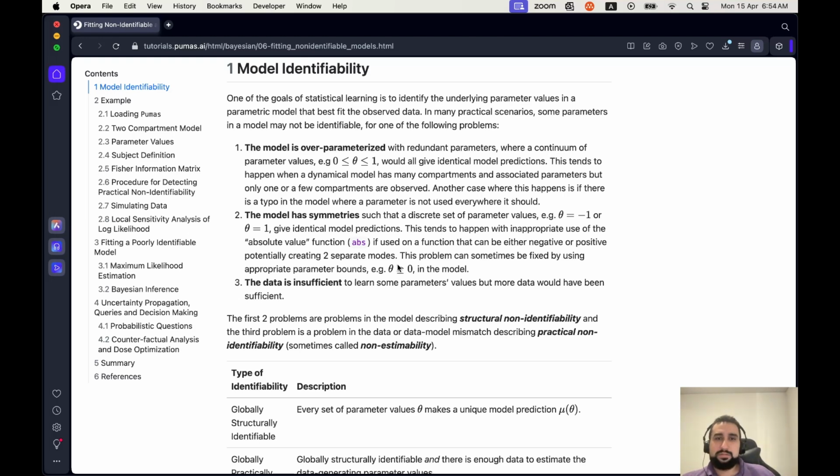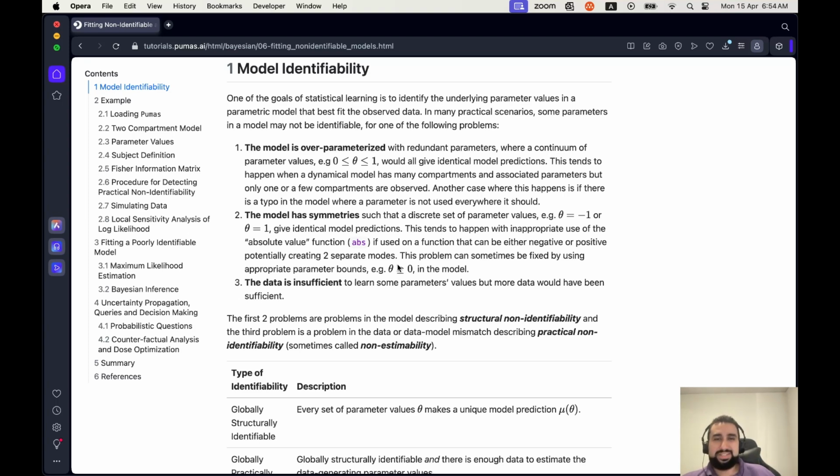And making your model identifiable is all about breaking ties. So if you have multiple parameter sets, all of which can give you roughly the same model or exactly the same model, then that's usually a bad place to be in, because that means you cannot uniquely identify your model parameters. But to try and break ties is identical to saying that I'm trying to make my model more and more identifiable.